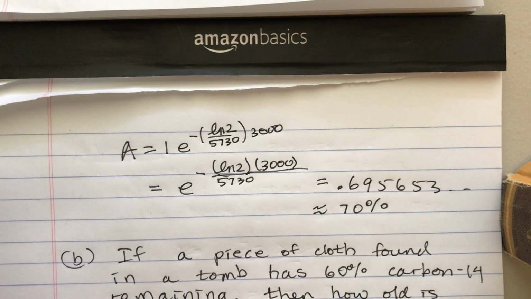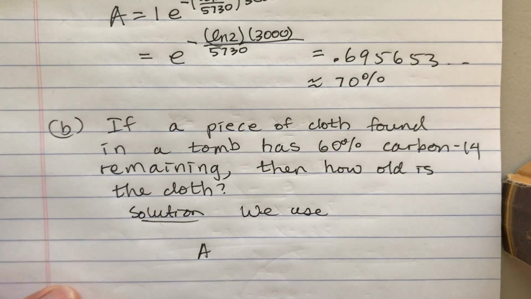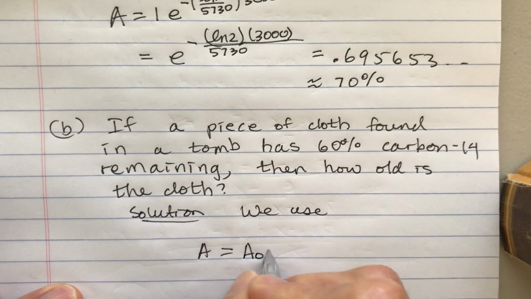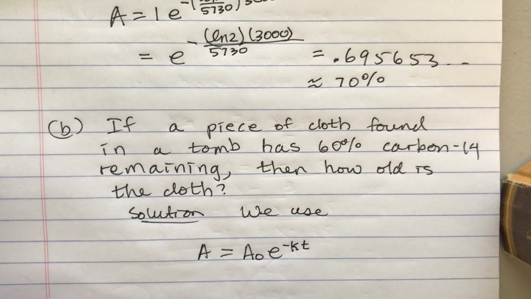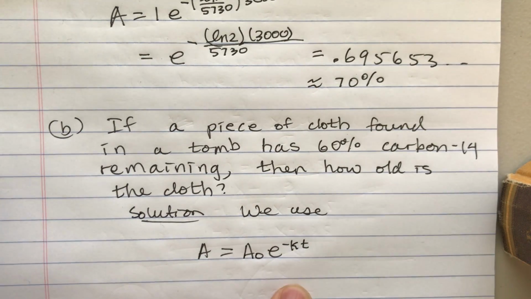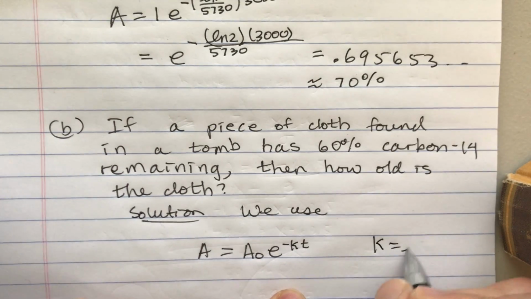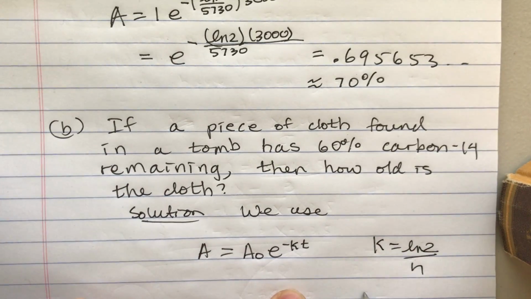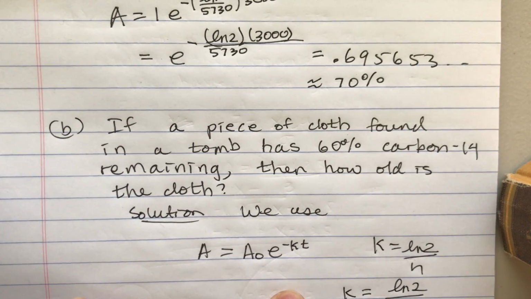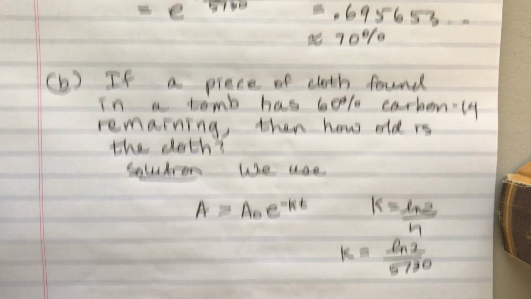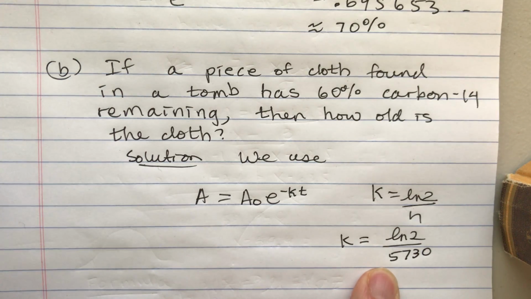Okay, so our solution is that we are going to use A equals A0 e to the negative kt. K equals ln 2 over h, but that means K is equal to ln 2 over 5,730, the half-life for carbon 14.